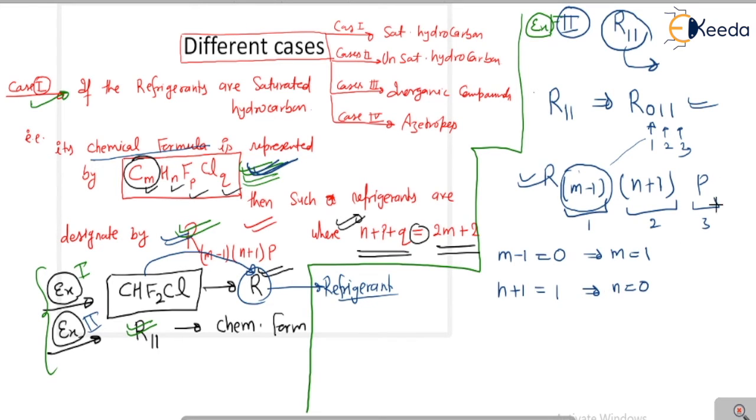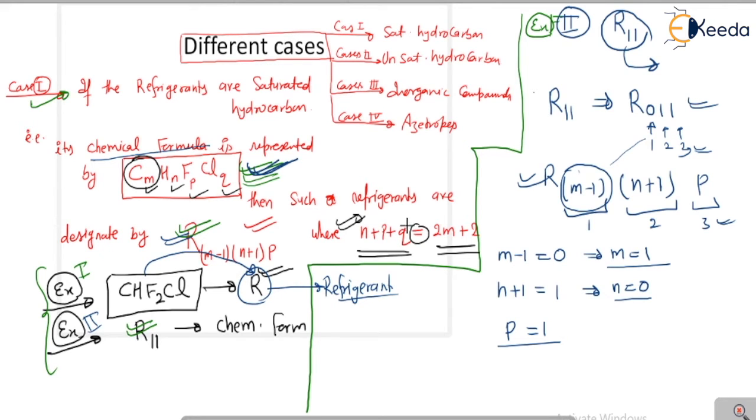And the value of p is what? The value of p, this third value, is just equal to this third value. That means the value of p is just equal to 1. So my dear friends, what is the value of pmn? The value of pmn is very clear. That means m equal to 1, n equal to 0, and p equal to 1. Is it right?